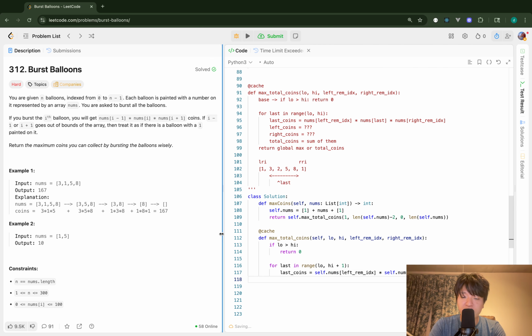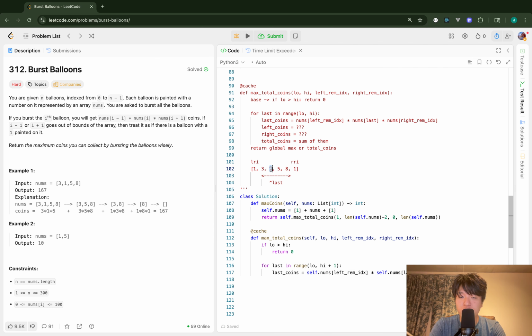Now I get the coins I can get from the chosen last index. The remaining number of coins are here and here. So far, I think this makes sense.